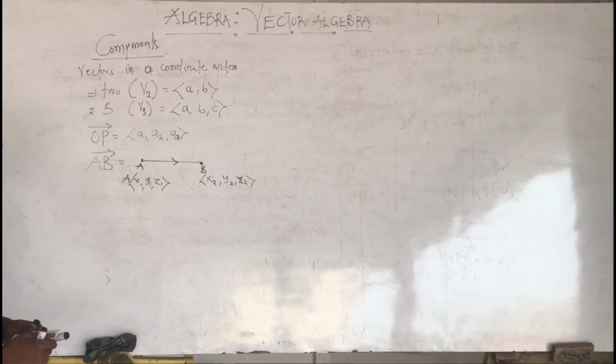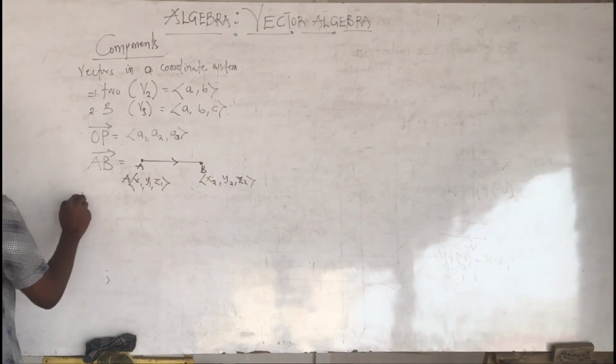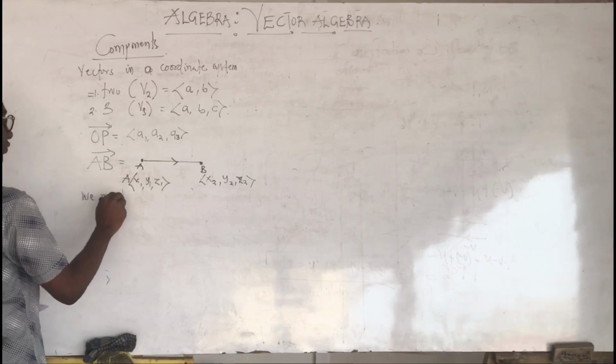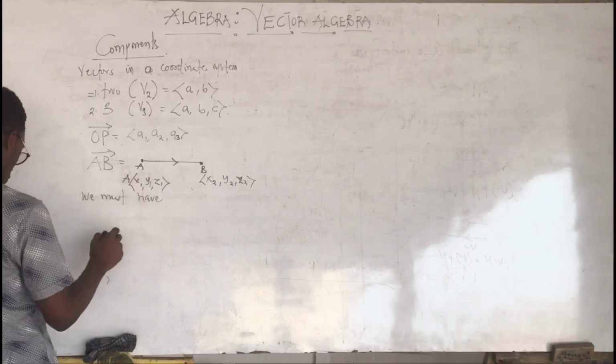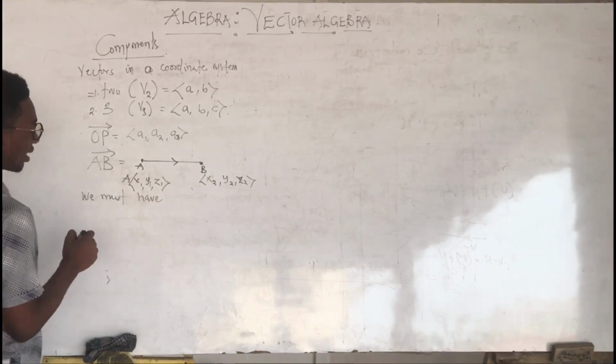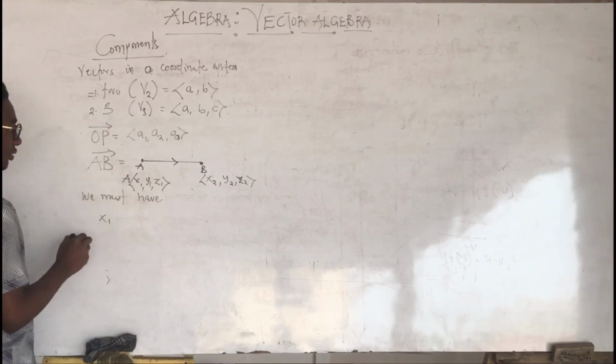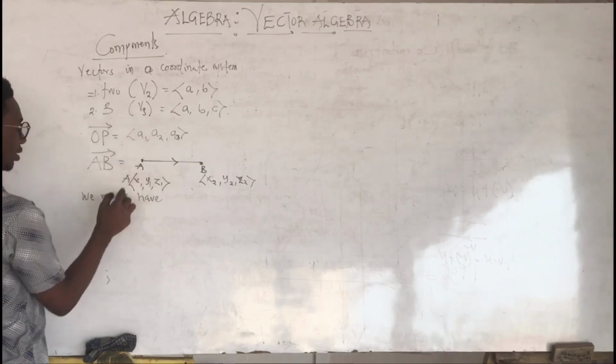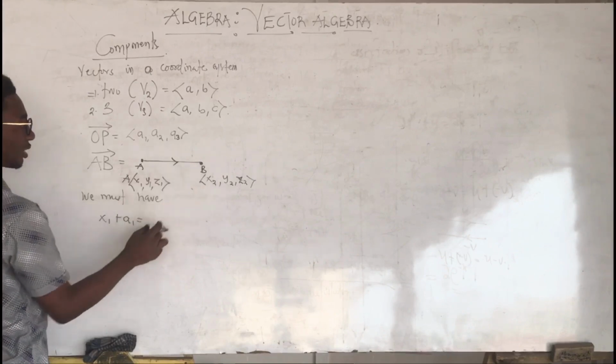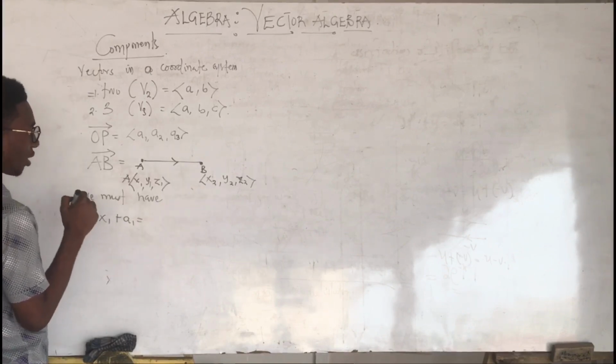Now what happens is that when you have something like this, we can say that x1 plus a1 should be equal to our terminal point.